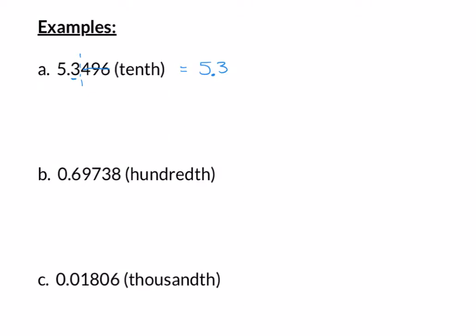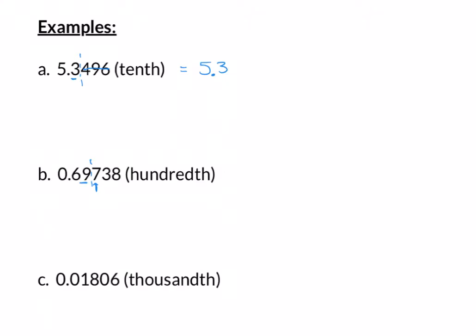All right, let's look at example B. We have 0.69738. We want to round to the hundredth. That is a 9. I'm going to put my dashed line after the 9, and I want to look at the 7 now. 7, since it is larger than 5, I want to round up.